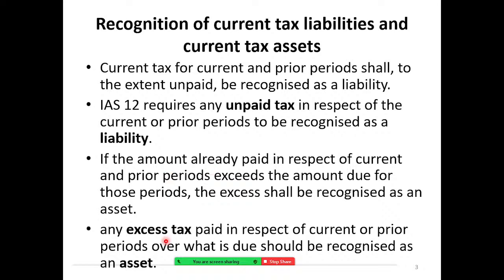Any excess tax paid in respect of the current or prior period over what is due should be recognized as an asset. So there are two different angles. The first one is advance payment. The second paragraph talks about additional payment, excess payment.